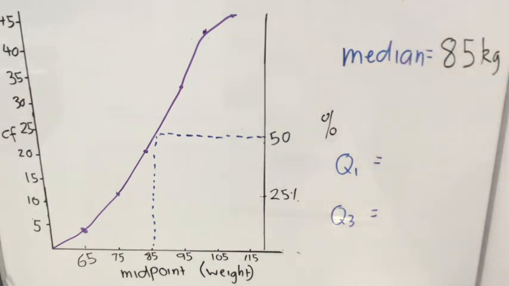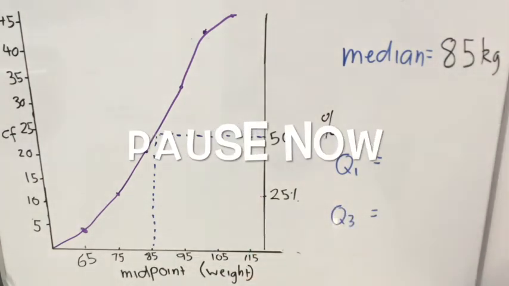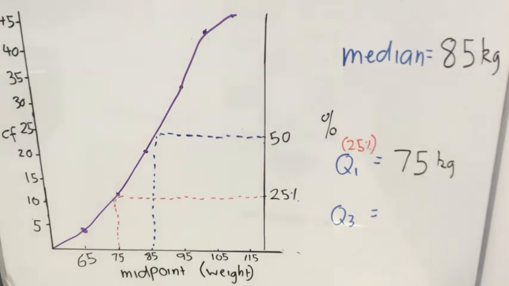Do the exact same thing with the red. I'm going to use a red this time, but do the exact same thing with the dotted line. Keep moving your dotted line until you hit the purple, then move downwards. Whatever number you land on, that's Q1. All right, I happened to land bang on 75. I will say when I did the proper copy in my book, I landed on 73 though.